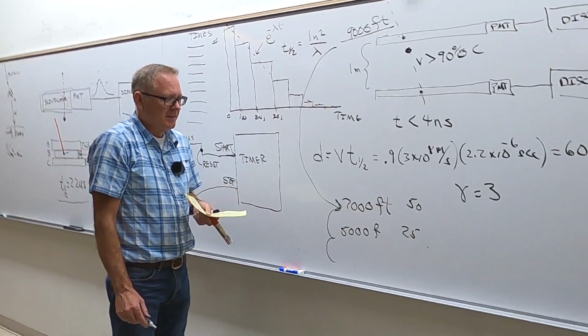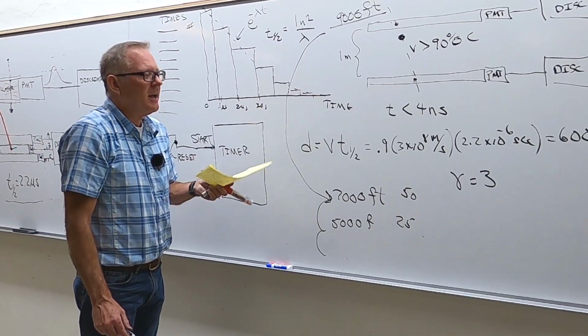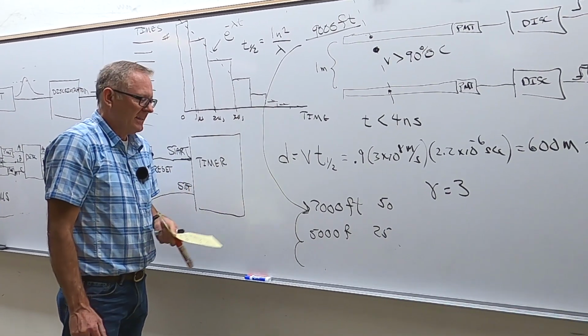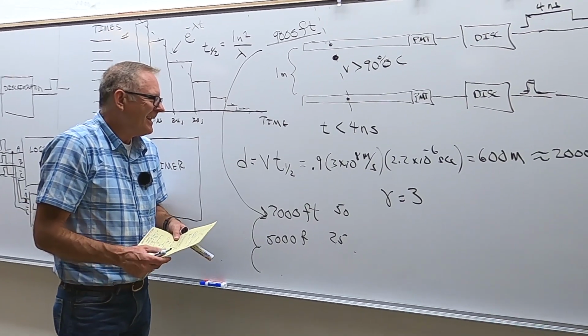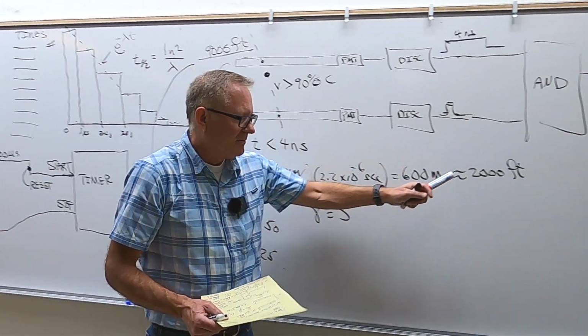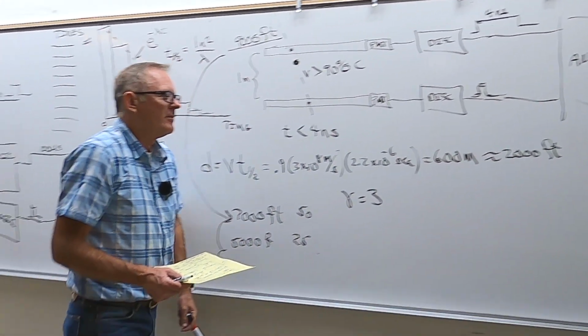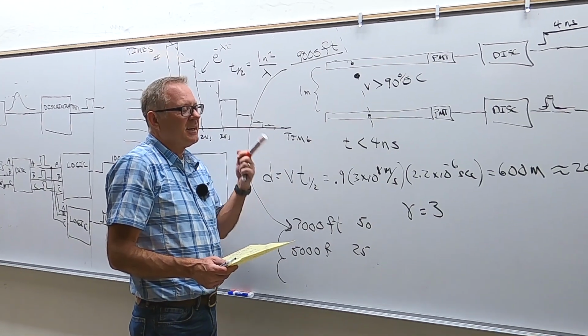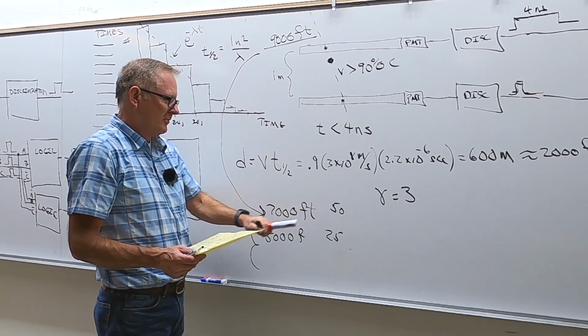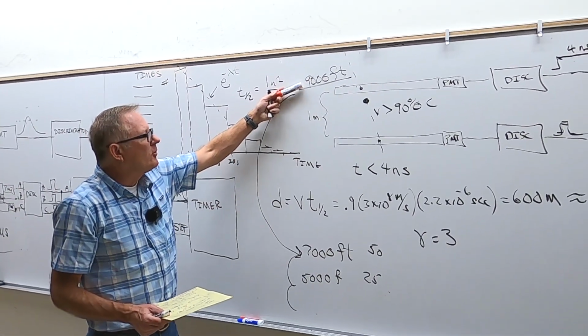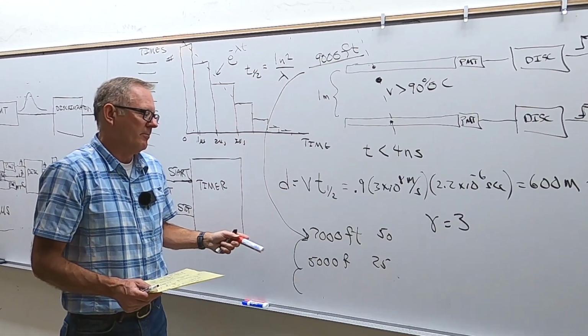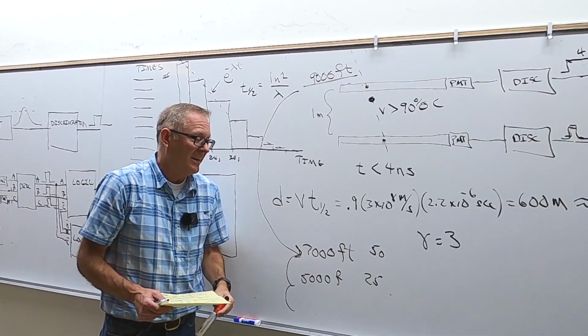Which means that they're going to live 3 times longer than you would think they'd live. So instead of getting cut in half every 2,000 feet, they're not going to get cut in half until every 6,000 feet. So you're going to have to go all the way down to 3,000 feet before they get cut in half.